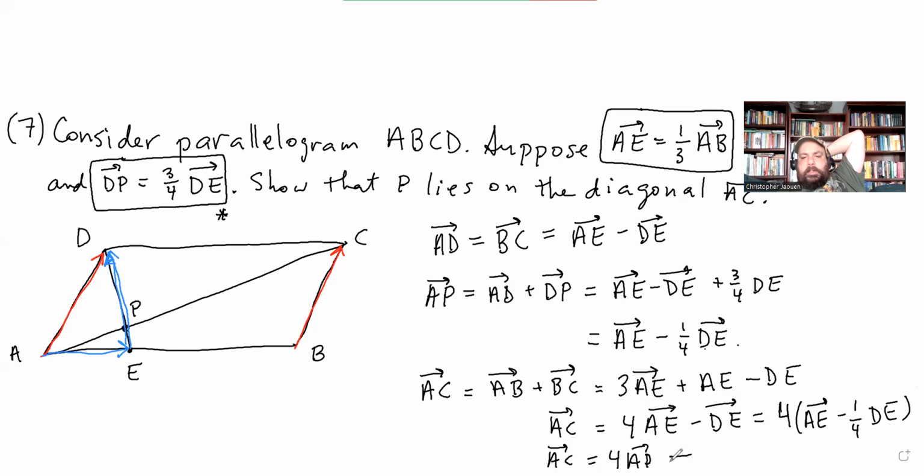Or in other words, that's the same thing as saying that AP is 1/4 AC. What that means is that AP and AC are parallel, which means that point P lies along this diagonal. So that's the proof.